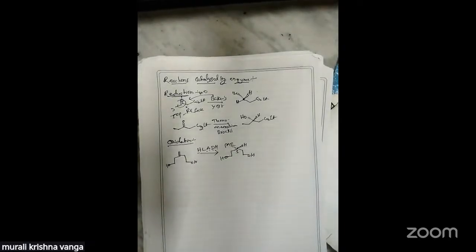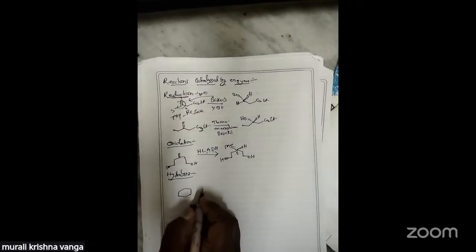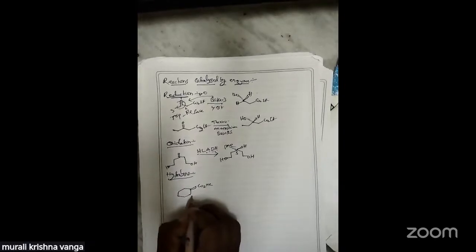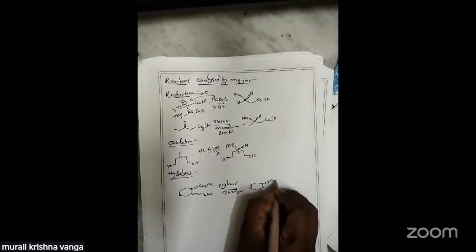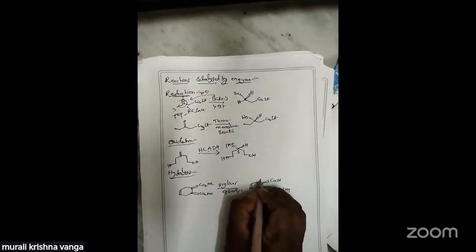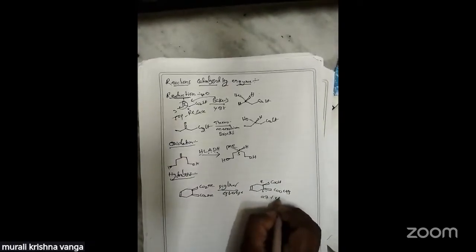The product will be used in pharmaceuticals. Next one is hydrolysis: pig liver esterase then gives a product with 91% enantiomeric excess.